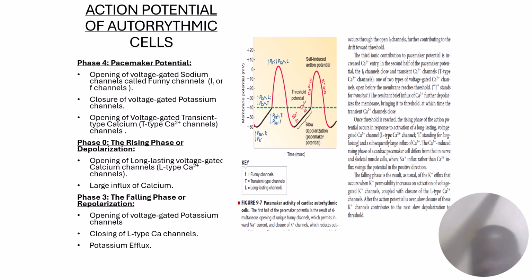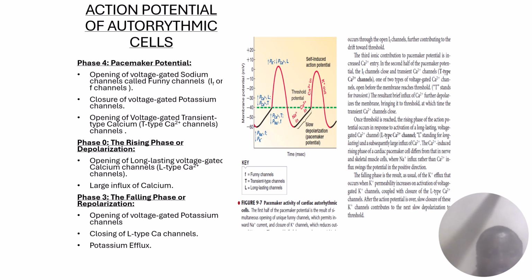By the time it reaches minus 40 millivolts, the autorhythmic cell is sent into depolarization, which is phase 0. Phase 0 for autorhythmic cells is caused by the influx of calcium ions. So calcium ions cause the depolarization in autorhythmic cells.